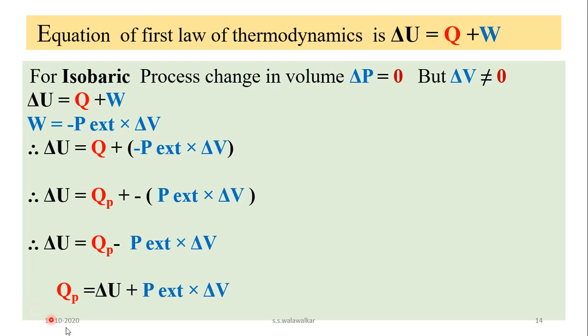That means QP, that is heat supplied at constant pressure, is utilized to increase the internal energy as well as to do the work, that is work done on the system or work done by the system, that is P external into delta V. So QP is equal to delta U, that is increase in internal energy, plus work done either by the system or on the system.